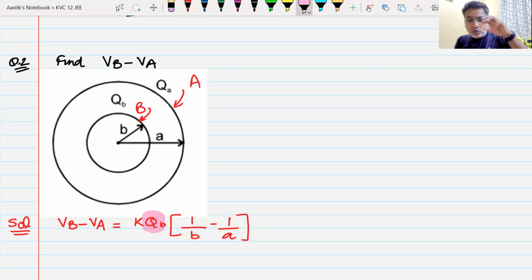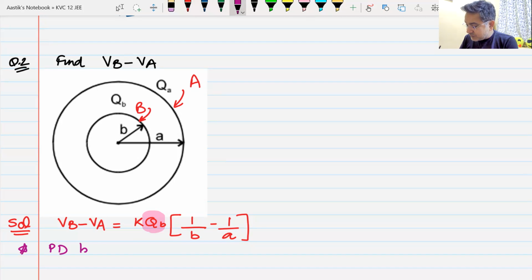If you have two concentric spheres, the potential difference between them only depends on the charge of the inner sphere. That is the big thing that you must remember.